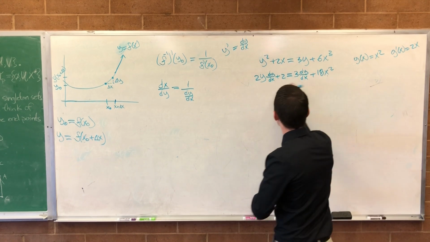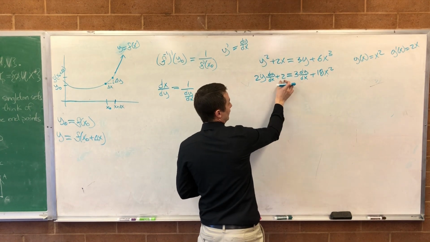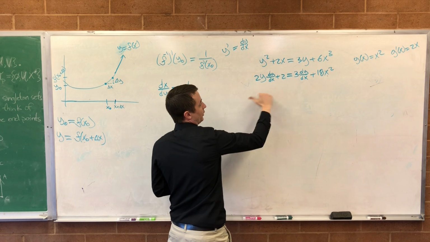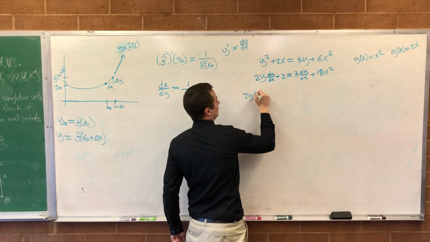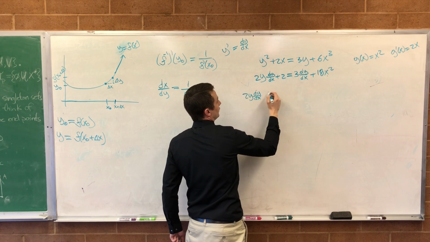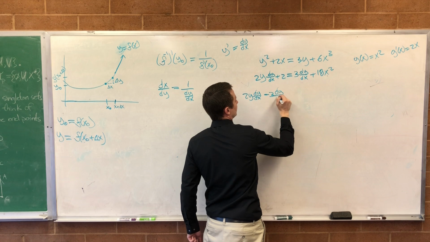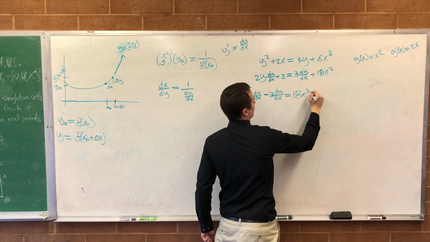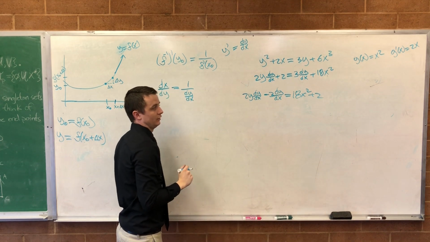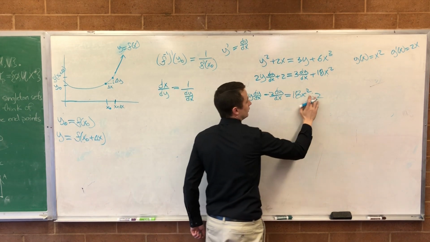So now I can move this term to this side, this term to the other side. I'm going to put all my dy dx's over here and all my other terms over there. So I have 2y dy dx minus 3 dy dx is equal to 18x squared plus 2, right? Minus 2.